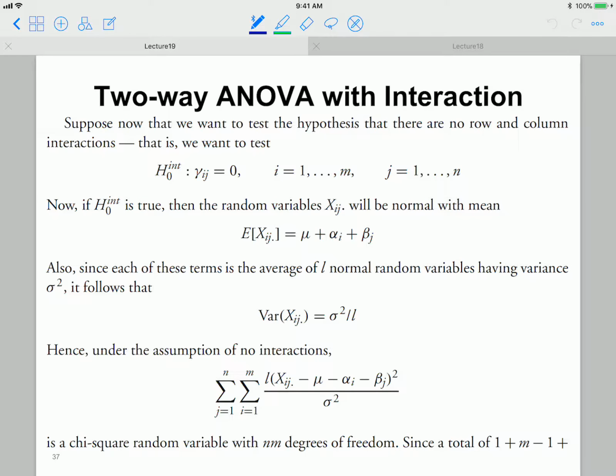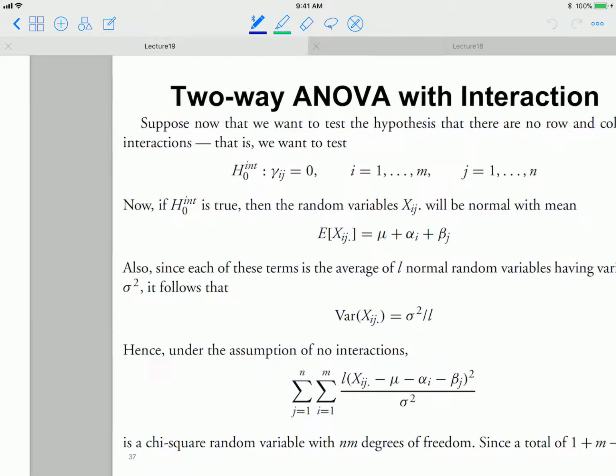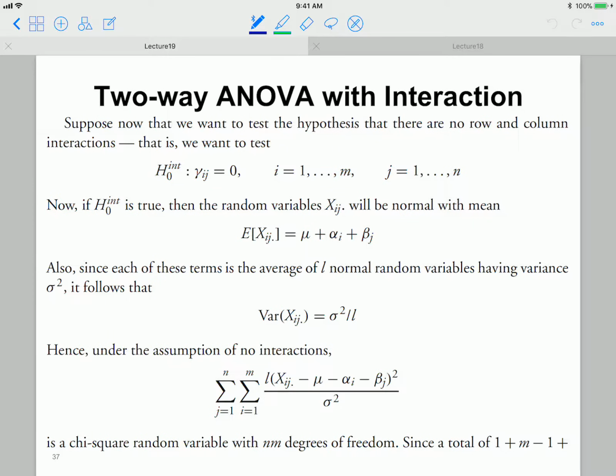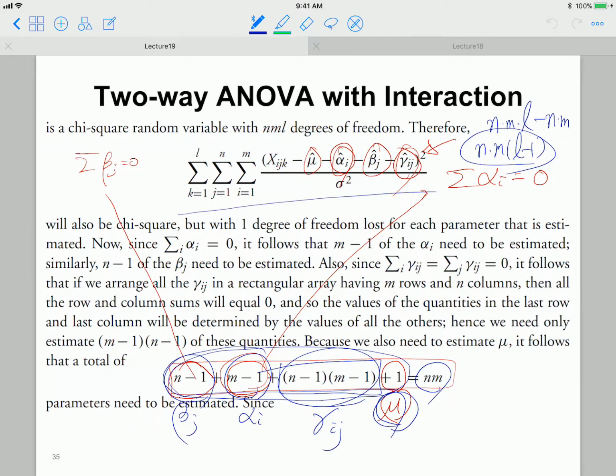Now we have to think about the second scenario. What kind of hypothesis are we considering in this case?